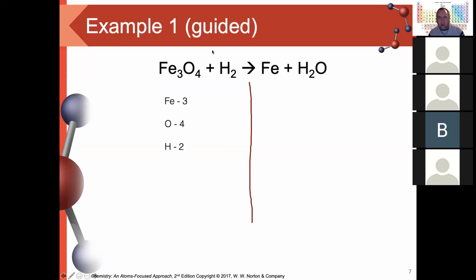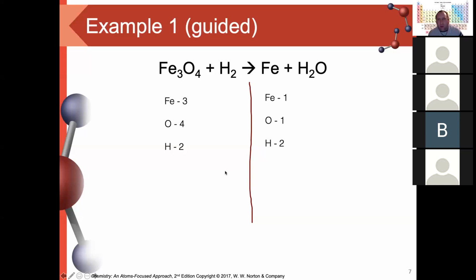On the product side, I have 1 iron, 1 oxygen, and 2 hydrogens.